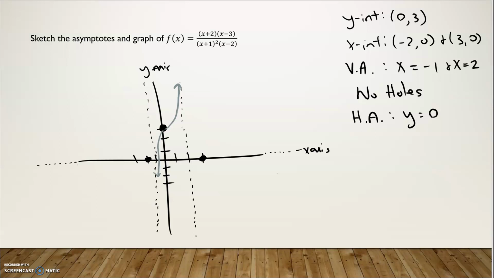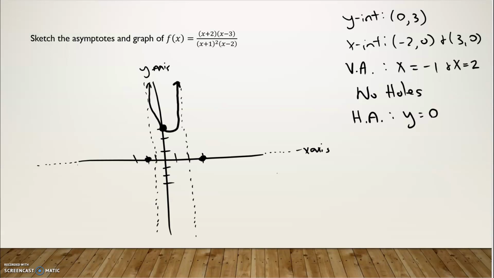A reason that I know it cannot do that is because we would have another x-intercept right here. So I know it doesn't go that direction. We know it can't do that because we would have another x-intercept right there. So it doesn't seem like it's going downward. It seems like it's going to be going upward. Okay, so something like this. It's getting closer and closer to that, comes down here, turns, and then comes back up.